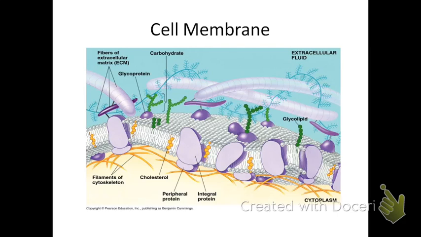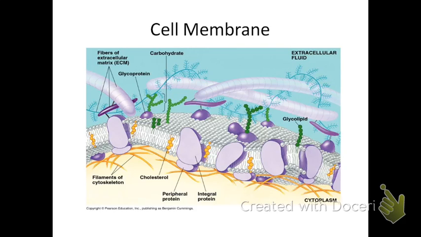Well, a peripheral protein, such as this one here and this one here, is going to be on one side or the other of the phospholipid bilayer. They do not extend into the bilayer of the membrane. These act as sites for attachment of the cytoskeleton on the inside of the cell, and they act as attachment for the extracellular matrix, or the ECM, on the other side.